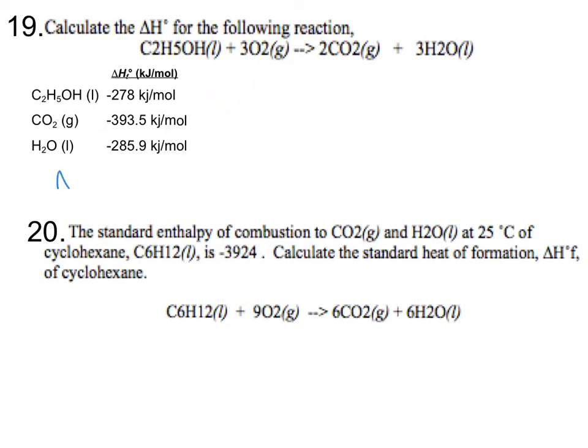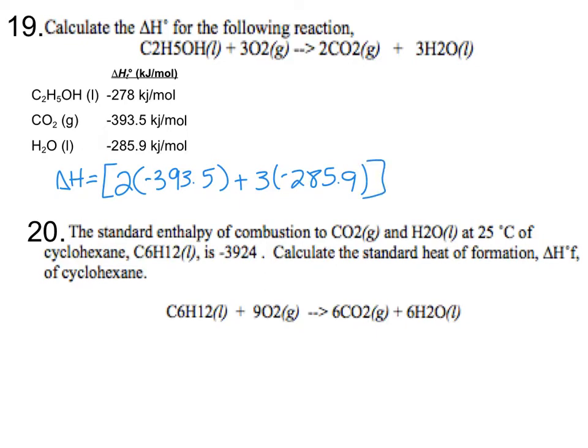So delta H is equal to products: 2 times CO2 is negative 393.5 plus 3 times the H2O liquid of negative 285.9. Those are my products, minus I have my ethanol at 1 times negative 278.